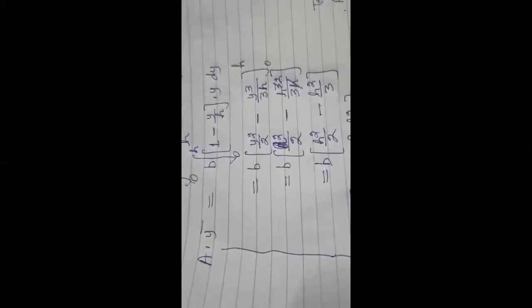So y bar is equal to h square by 6 divided by h by 2, or this is equal to h by 3.